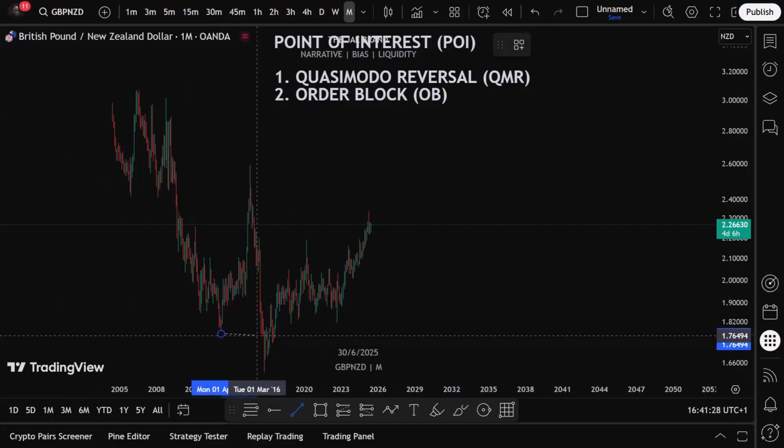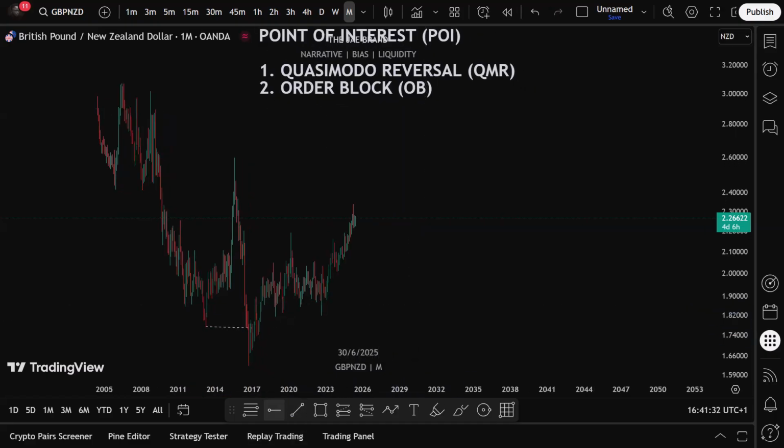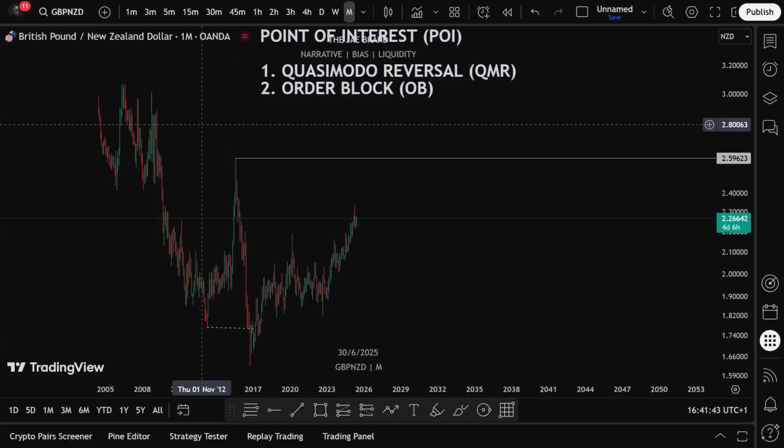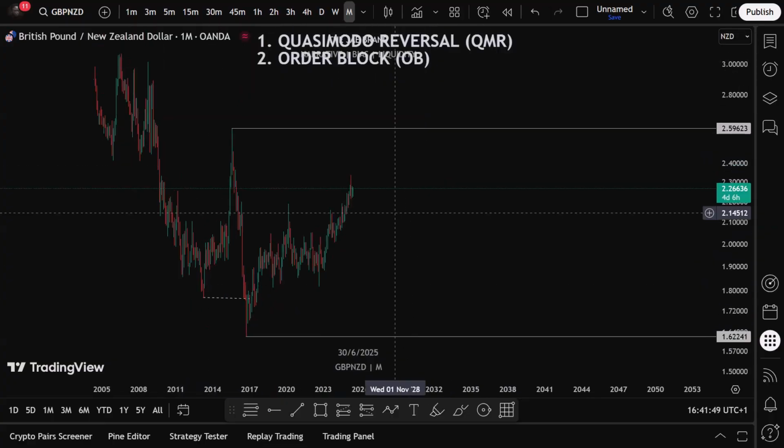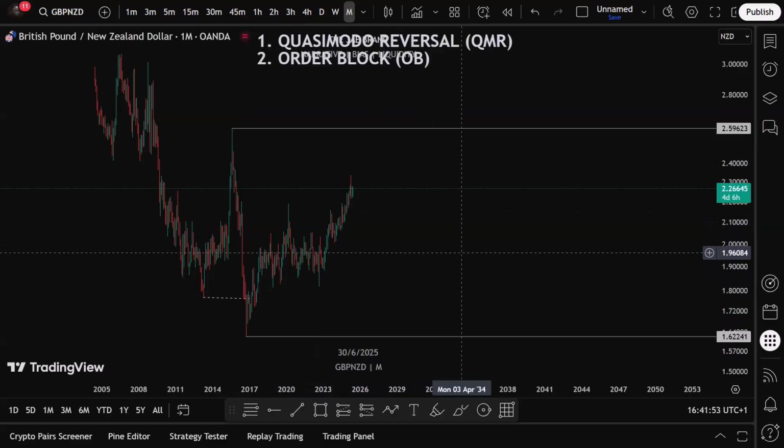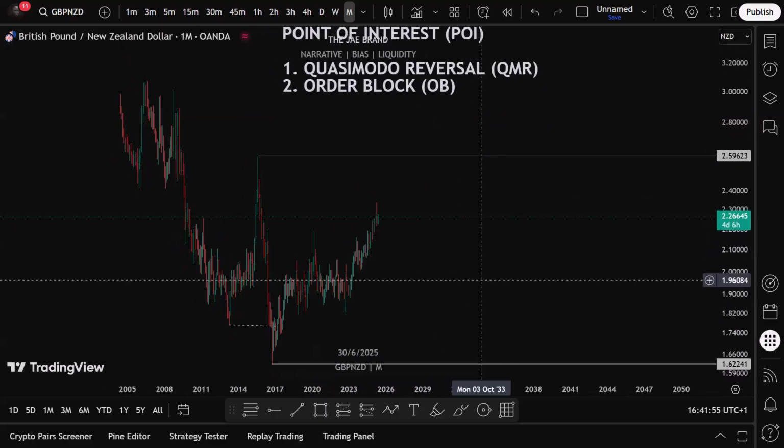Now I can see a very valid break of structure to the downside, and then I have this as my highest point, which I'm looking at as an area that should not be invalidated, and then I have this range. So on the monthly time frame, I am looking at this range to take my order.